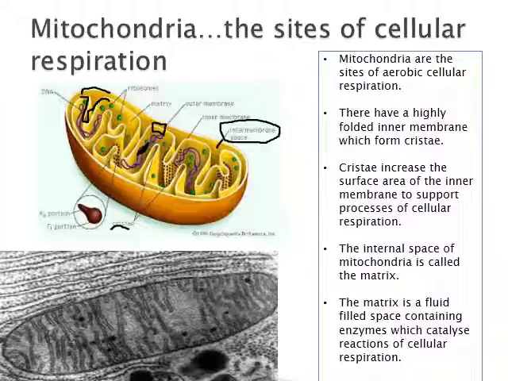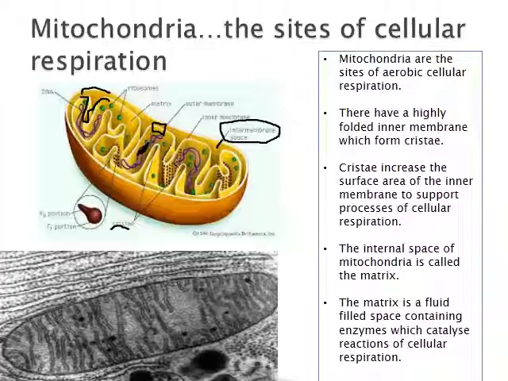Some of the pieces of evidence we use that suggest mitochondria could have at one stage been a bacterium is the fact that it's got DNA, because not all organelles have DNA, only the mitochondria and the chloroplasts. Its DNA is naked DNA, so it's not enclosed in a nucleus, which is also the case for bacterial cells.